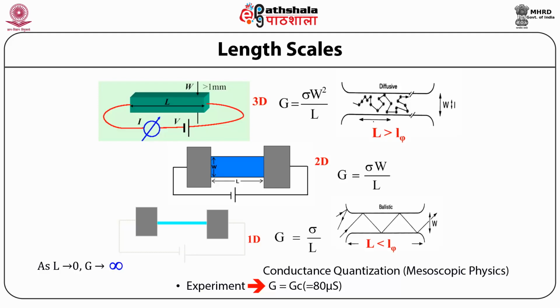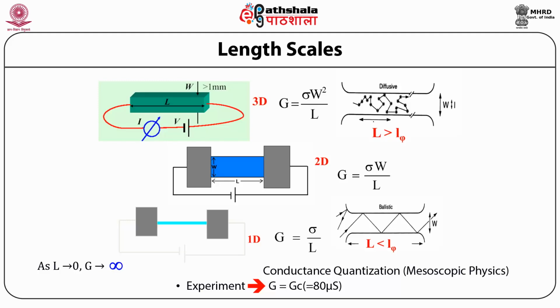Perhaps the most profound is the origin of the resistance of smaller systems. Resistance is generally caused by inelastic scattering of the electrons with disorder, other electrons, and with phonons.